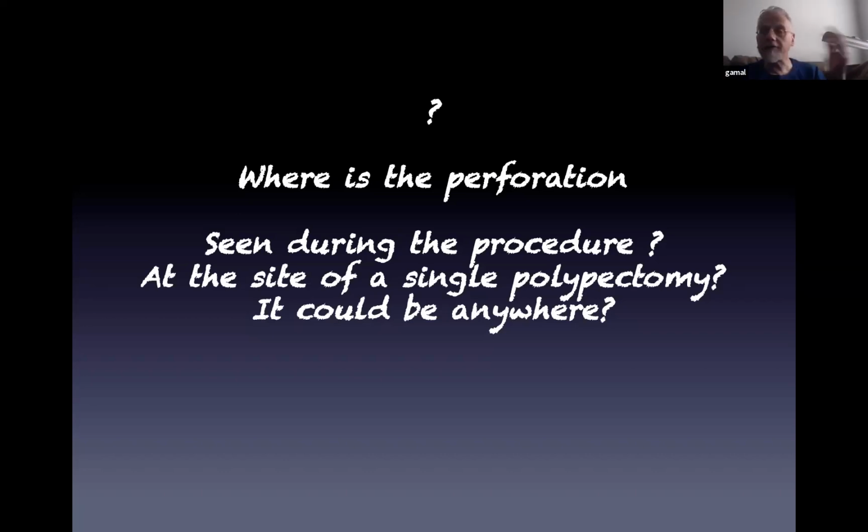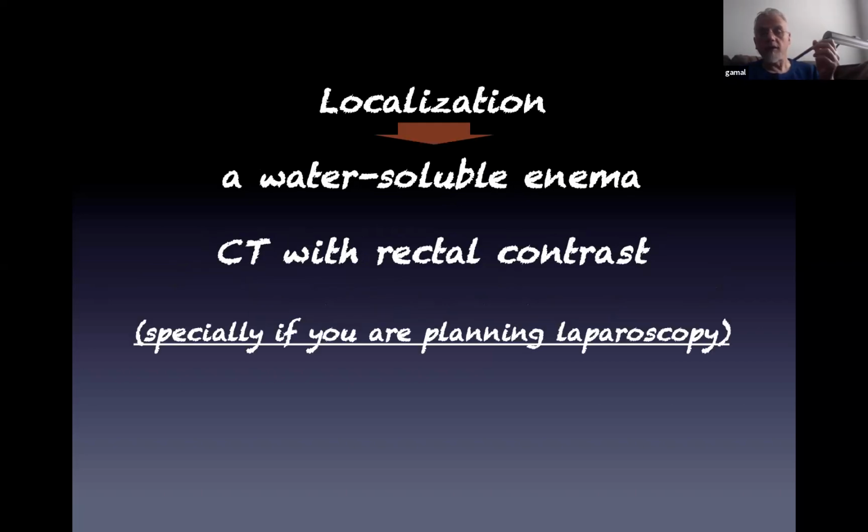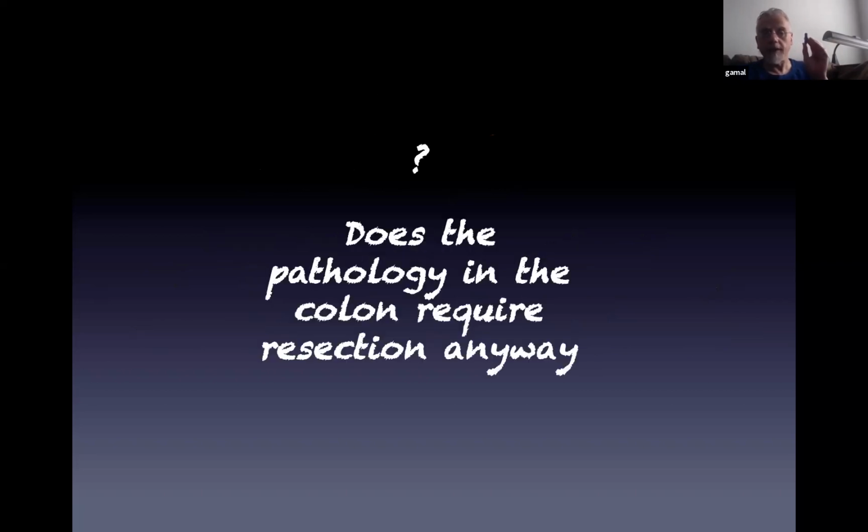But if none of this, there's no polyp, I don't know what it is, it was a diagnostic colonoscopy, I don't know any of this, so where's the perforation? In this case, you have to get some imaging. And what you do is water-soluble enema or CT with rectal contrast. You have to get that to plan your operation, okay?